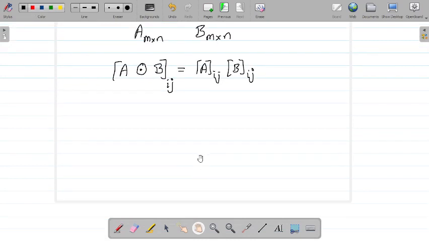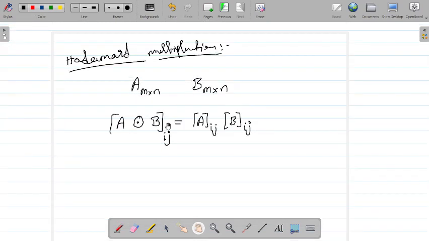So here, observe one thing: this multiplication is possible when you have matrices of equal size. You cannot multiply matrices of different size here. But in matrix multiplication, it is possible: if A is a matrix of size m by n, then B must be a matrix of size n by q.